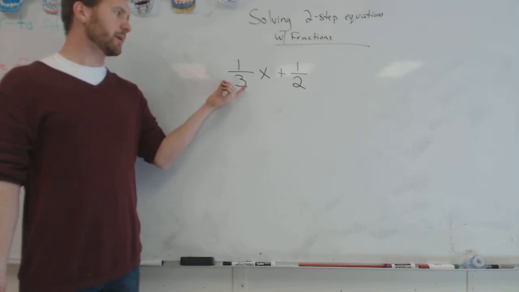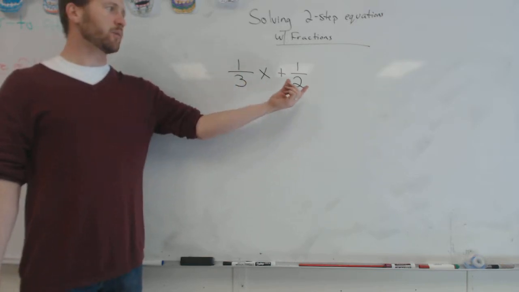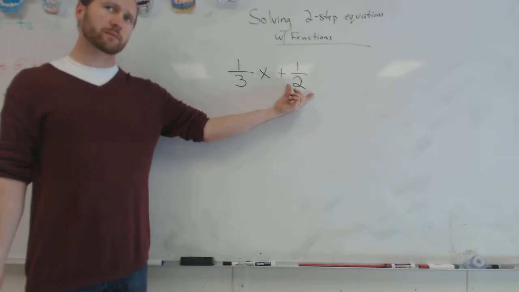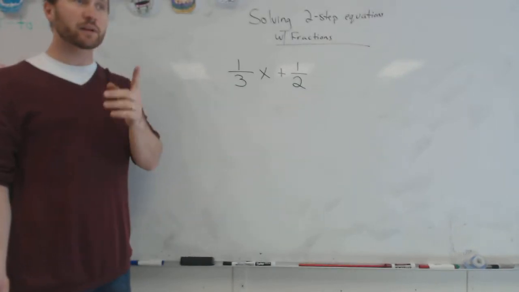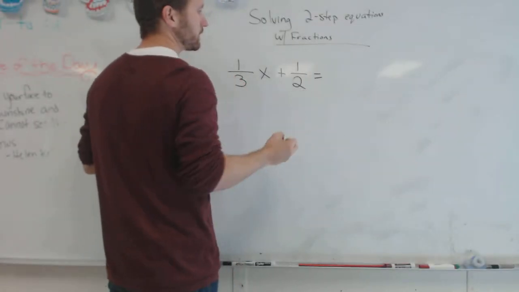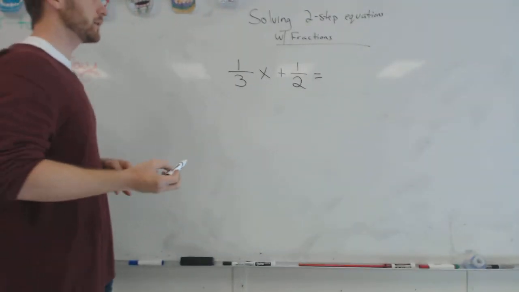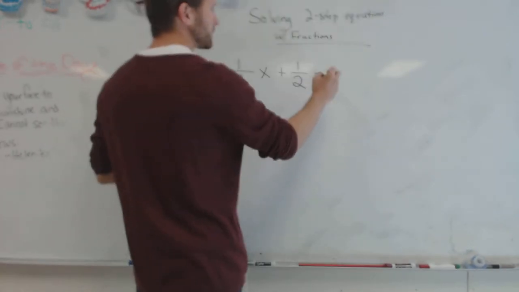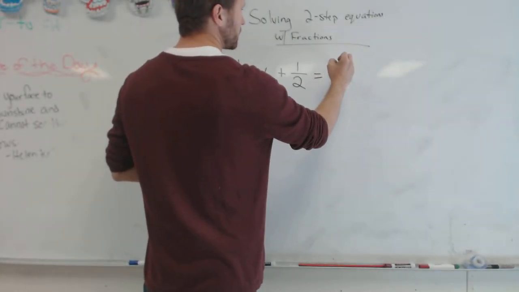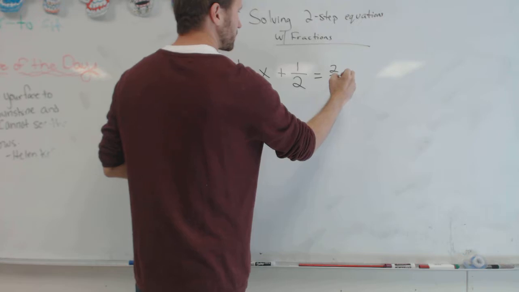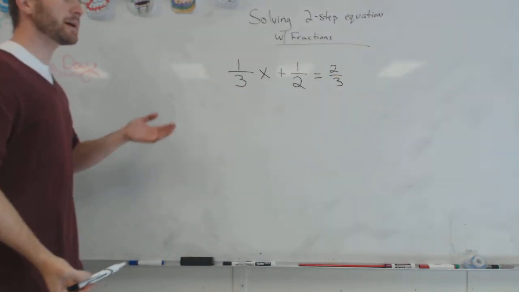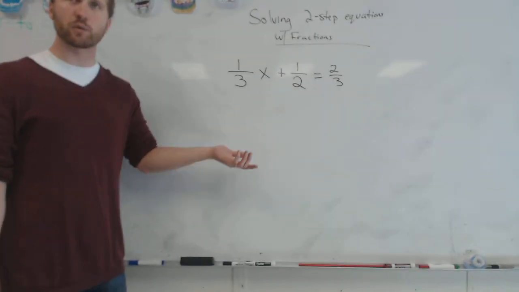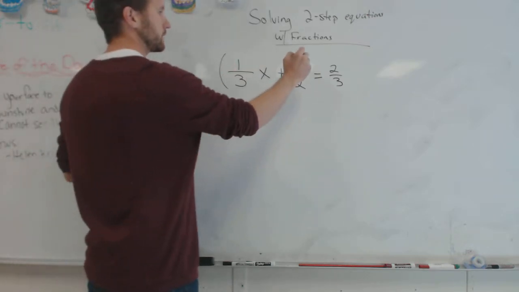So I can't just multiply by 3 because that won't clear this fraction. So what I'm going to do is multiply by my lowest common denominator. So 1/3 x plus 1/2 equals 2/3. I'm going to multiply by my lowest common denominator, which was 6.